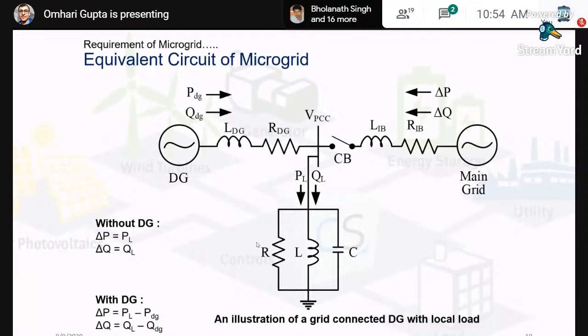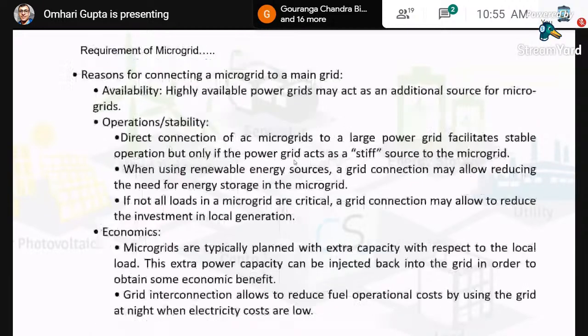With this privilege, the utility grid or main grid may be managed in an efficient manner with the provision of distributed generation. By utilizing it, we can reduce the burden over the utility grid.